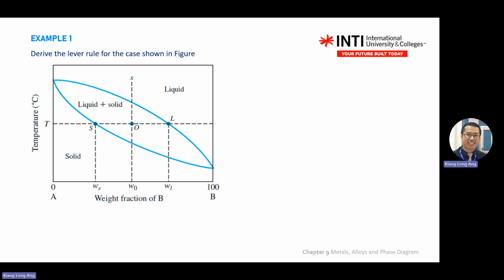Then you follow the temperature in the question. You draw one line, the tie line. After the tie line, you need to identify whether this is liquid or solid. This is solid.